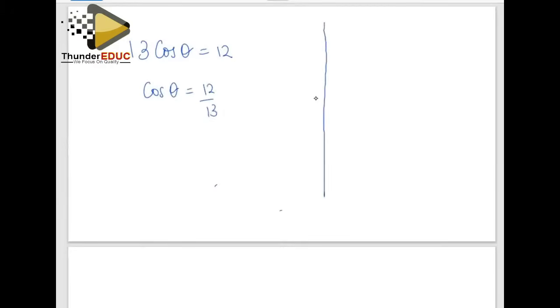Since they want a sketch with your Cartesian plane, you're going to draw a triangle somewhere there. We know that cos is adjacent over hypotenuse, so this is a 13, this is a 12, and that is your theta. Before you attempt to answer the question, first complete this triangle, because that's where the first marks are going to be.